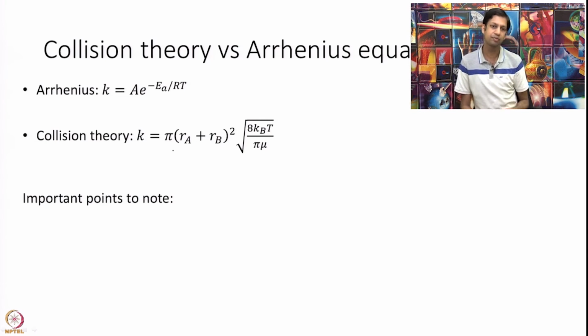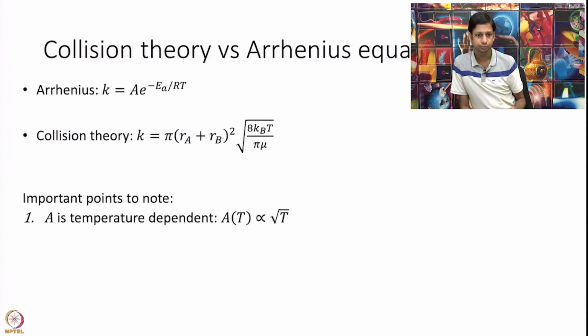Arrhenius and van 't Hoff had earlier written a more general equation, k is equal to A into e to the power of minus Ea over RT. And this was found to be experimentally true. So, we know this equation is more or less true. Do these two equations now compare? That is the question.